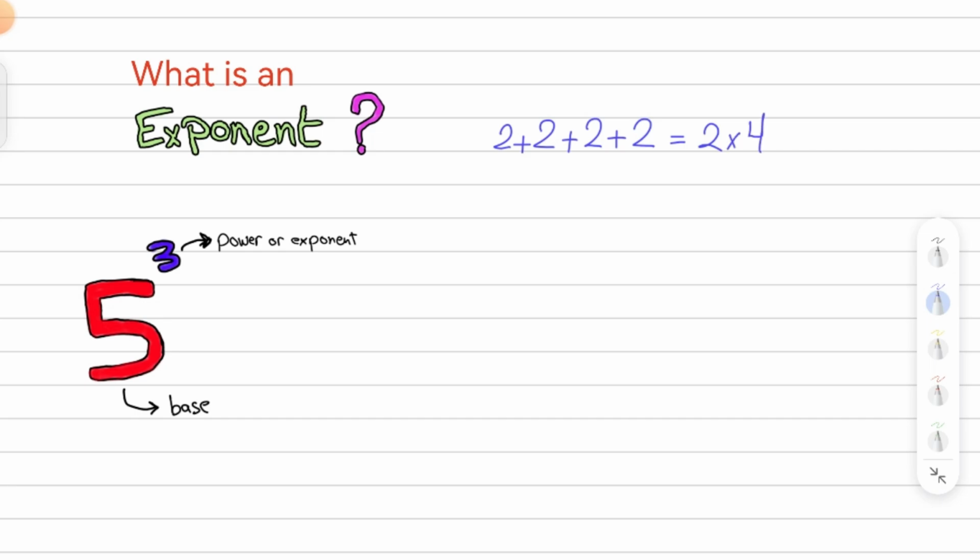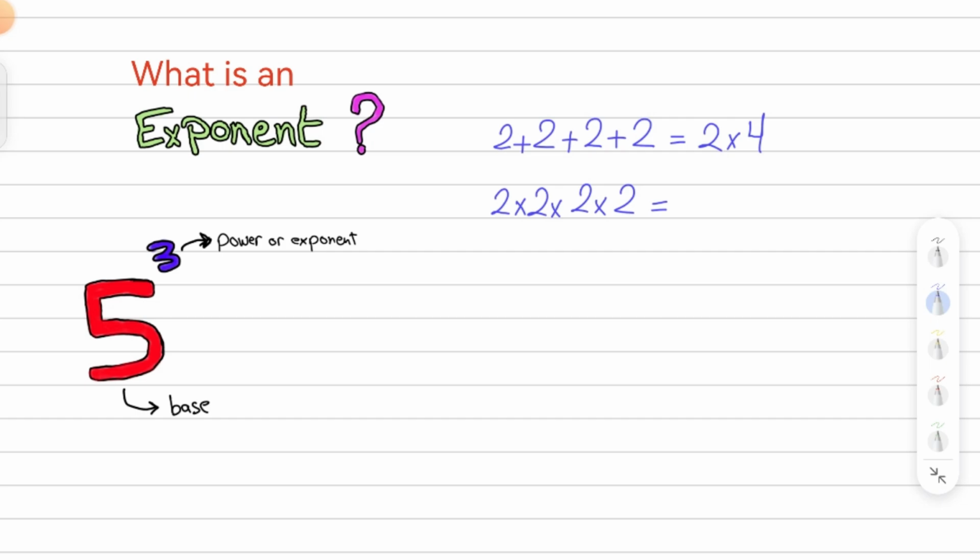But what are we going to do if we have a repetitive multiplication, like 2 times 2 times 2 times 2? Is there a simpler way to represent this expression? The answer is yes. We can represent it using an exponent.